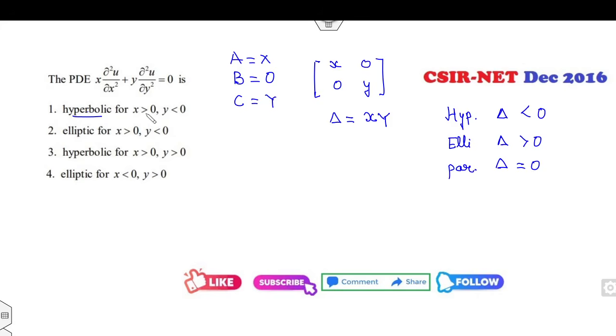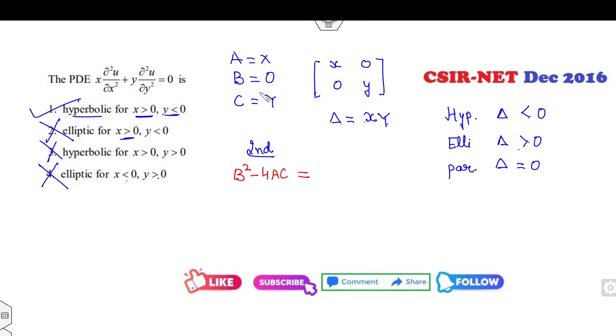So look at that, hyperbolic when x is positive, y negative, this value will be less than 0, hyperbolic, correct. When x is positive, y is negative, this value will be negative, it is elliptical, wrong. Hyperbolic when both are positive, then it is elliptical, and when one is positive, second is negative, it will be cancel. Fine. Second method, you can take the b square minus 4ac.